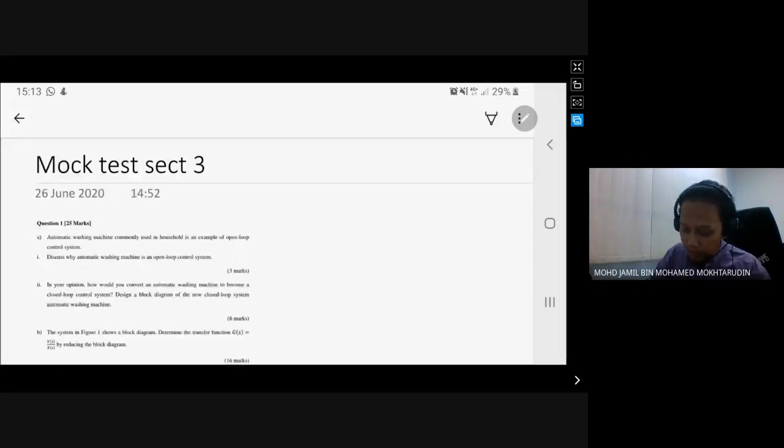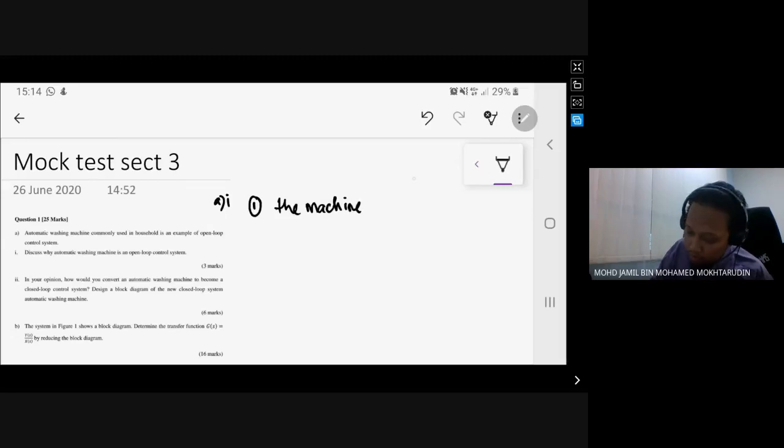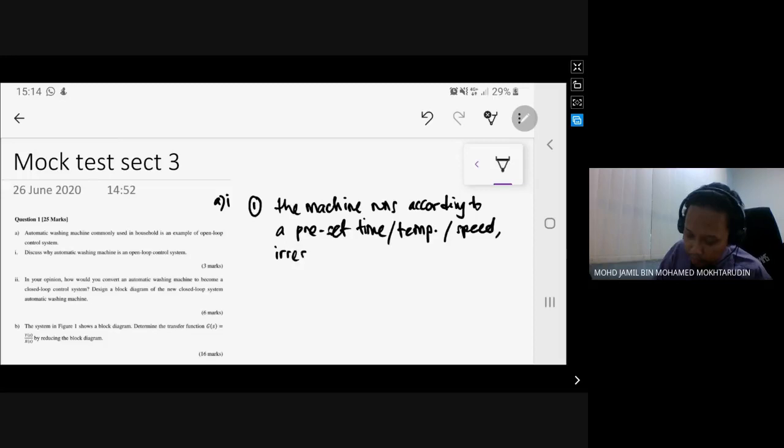Okay, so the first point you must have is, the machine runs according to a preset time or temperature or speed, irrespective of the process completed or not.